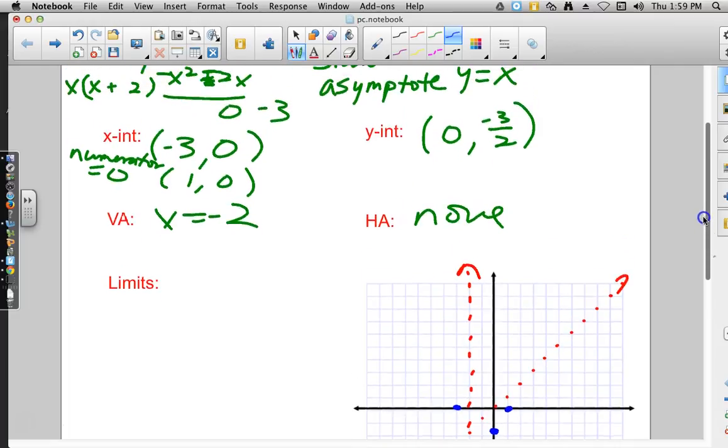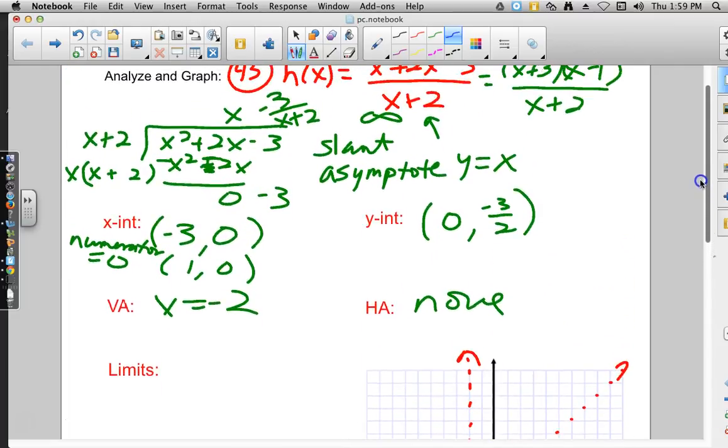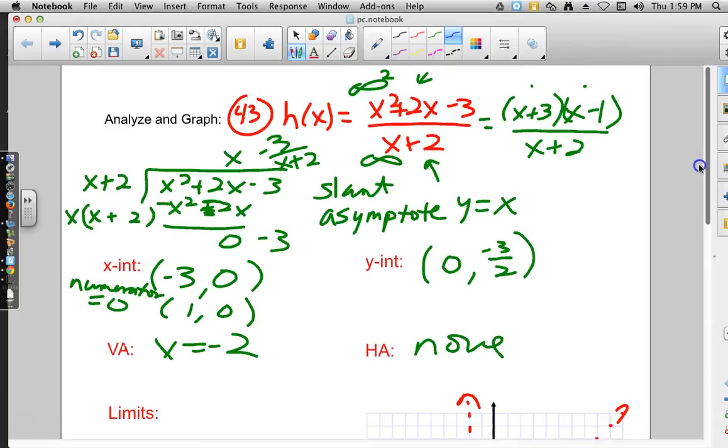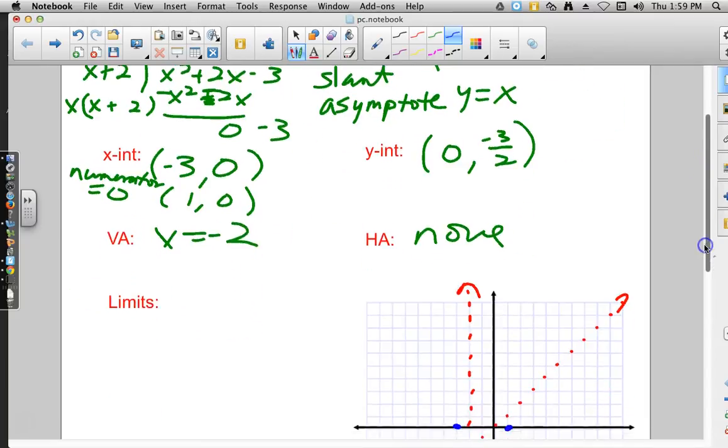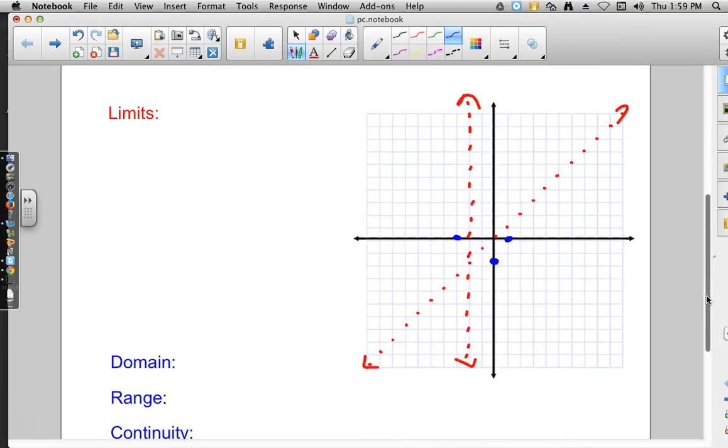Well, we use what we see, and the fact that the degree of the numerator was greater than the degree of the denominator, and we try to figure out what the graph will look like before we start putting points in. And as I talked about earlier, we can see from this, especially with that slant asymptote, that our graph is going to do something along these lines.